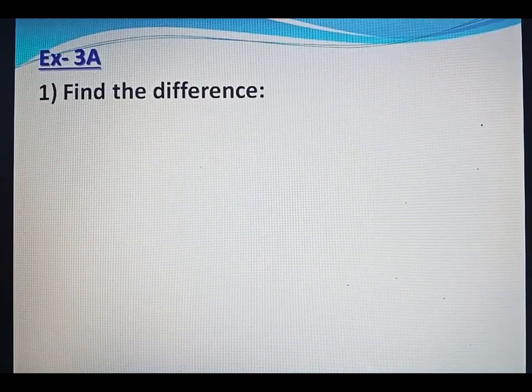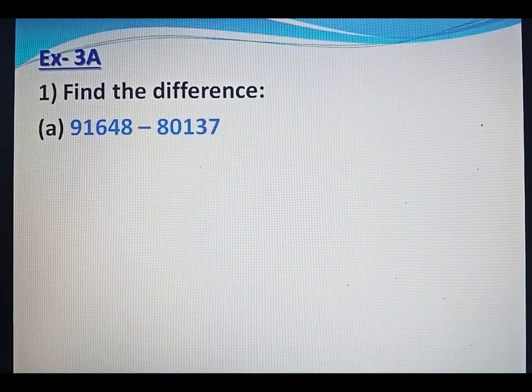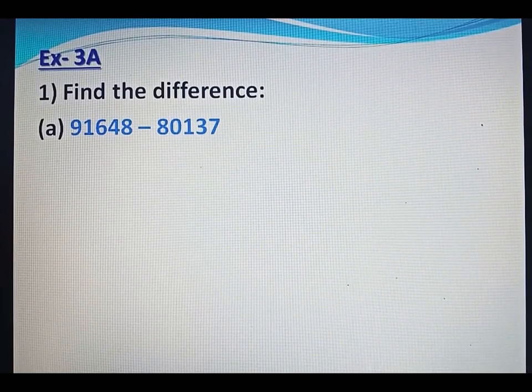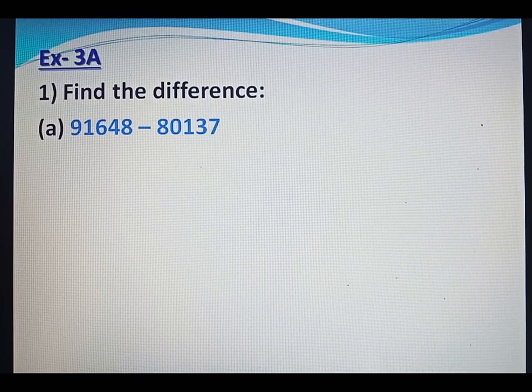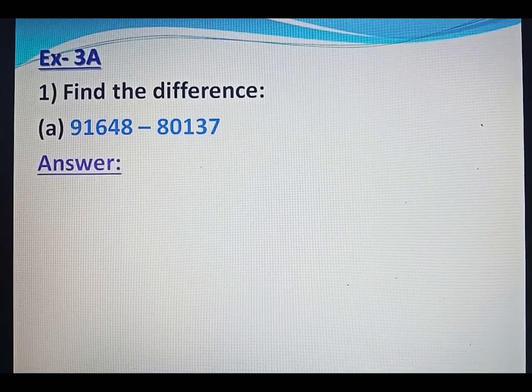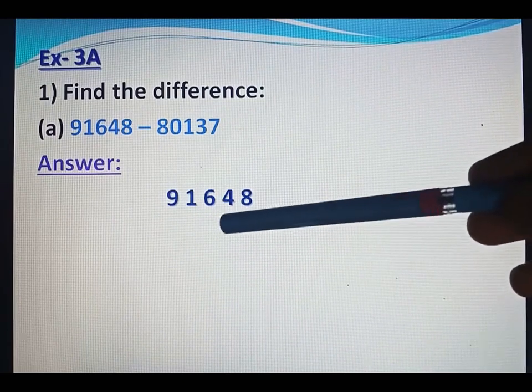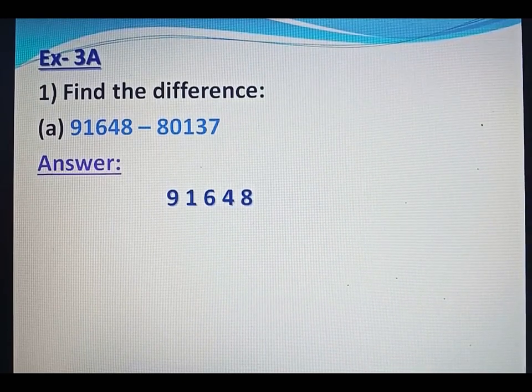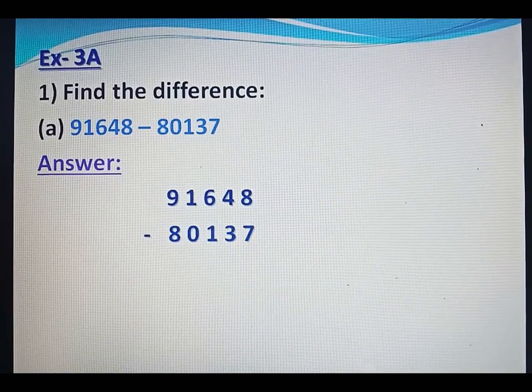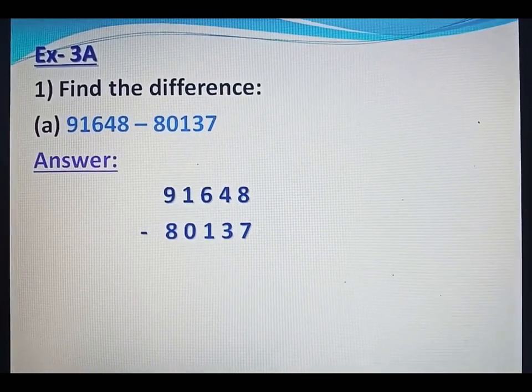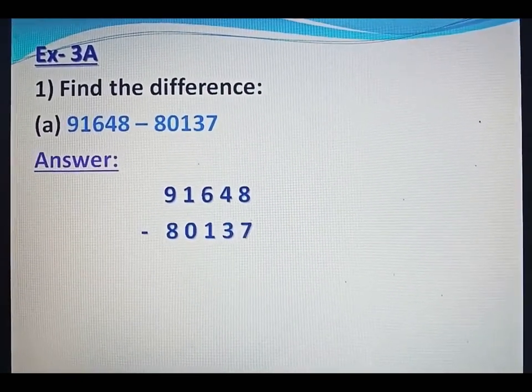Exercise 3A, question number 1. Find the difference. A part, 91,648 minus 80,137. Answer. First we write the number in columns, that is 9, 1, 6, 4, 8. Second number we will start from last, that is 7, 3, 1, 0, 8.